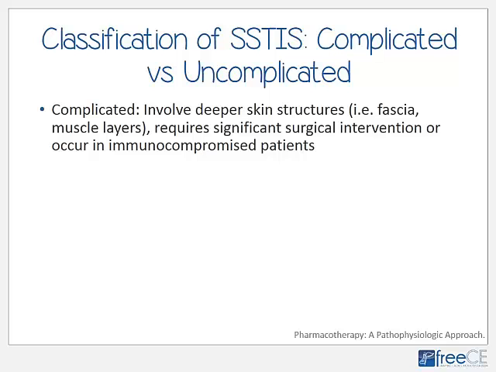Essentially, you could extrapolate that a complicated infection would need IV therapy, potentially a longer duration of therapy, depending on how well you're able to surgically control the infection. But not a lot in terms of exactly how that contributes to how we're going to treat the infection.